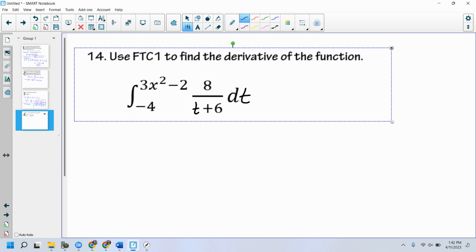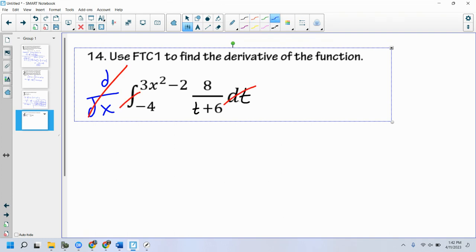But honestly, FTC1 just is the theorem that says that the integral is the inverse operation of a derivative, right? So if I take the derivative of an integral, they will undo each other. That's why I say use FTC1, because I've got an integral sitting here, and I want to find the derivative of it. So I'm going to say find d over dx of that thing, and again, that's why it's best to use a different variable over here, because this will cancel with these things.